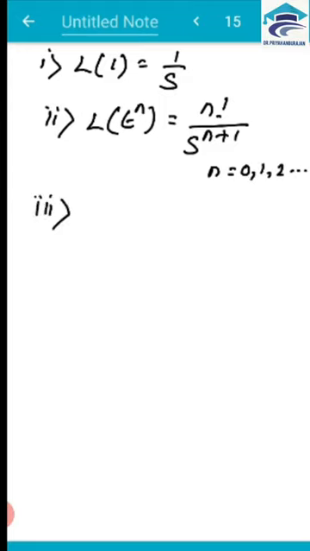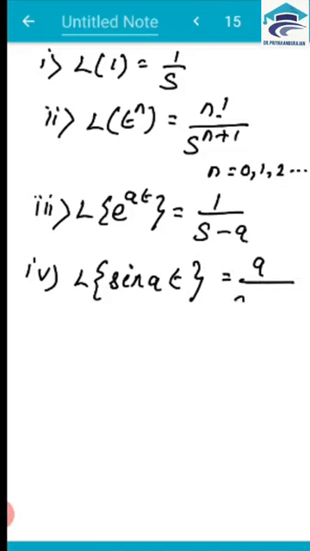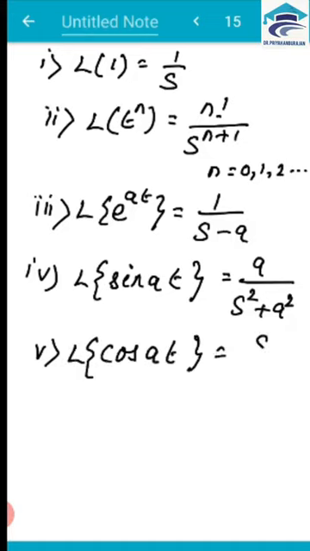Our third formula is L of e power at is equal to 1 by s minus a. Our fourth formula is L of sin at is equal to a by s squared plus a squared, and L of cos at is equal to s by s squared plus a squared.